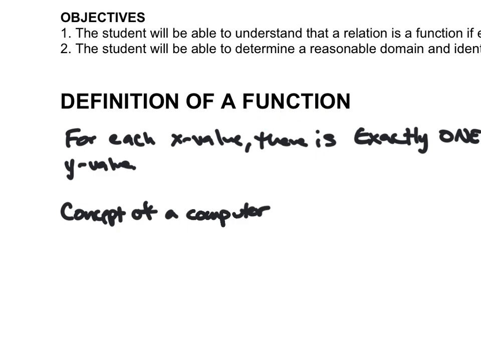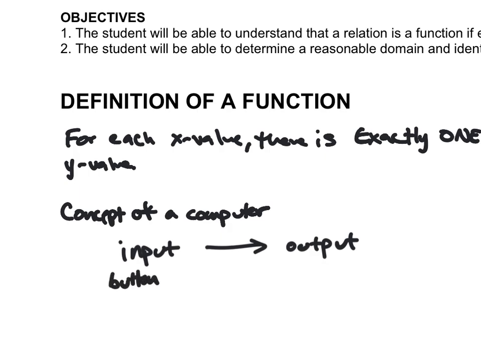So a lot of times what you'll have is this thing called an input and then your output, okay? And so your input, which I like to call the button pressed, then you have the result on the screen, okay?